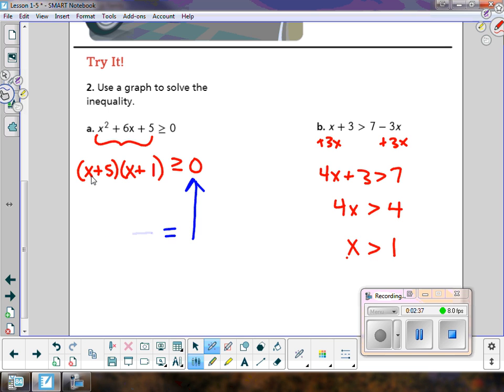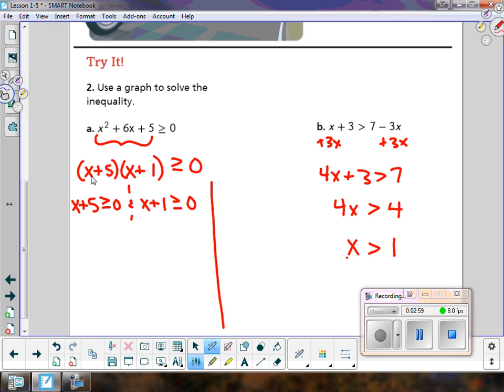So what I want to do here is make a couple cases. I want x plus 5 to be greater than or equal to 0, and I want x plus 1 to be greater than or equal to 0. That would be case 1, where both of those are positive, and you have a positive times a positive equaling a positive.